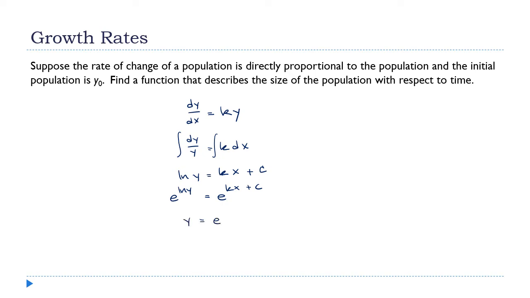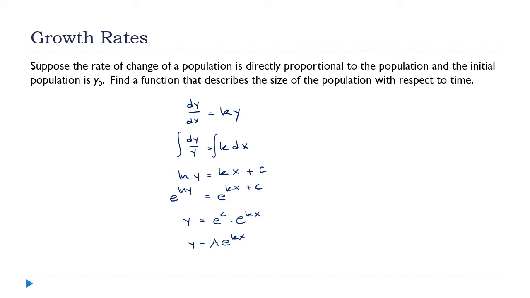I'm going to make this e to the c times e to the kx. c is a constant, so e to the c is also a constant, and my equation is y equals a e to the kx. And there's my equation. Hopefully that's familiar to you. That is our standard exponential growth equation, which you probably saw back in a college algebra class.